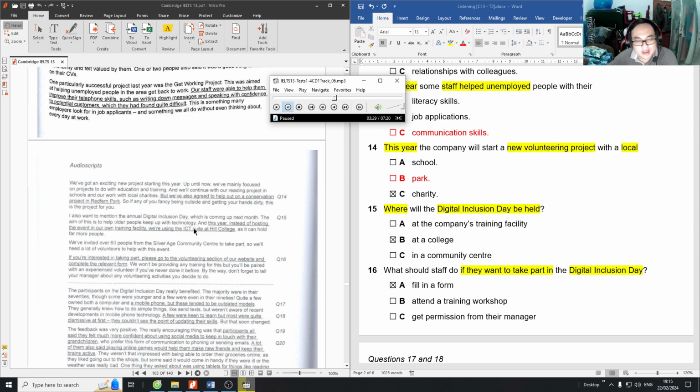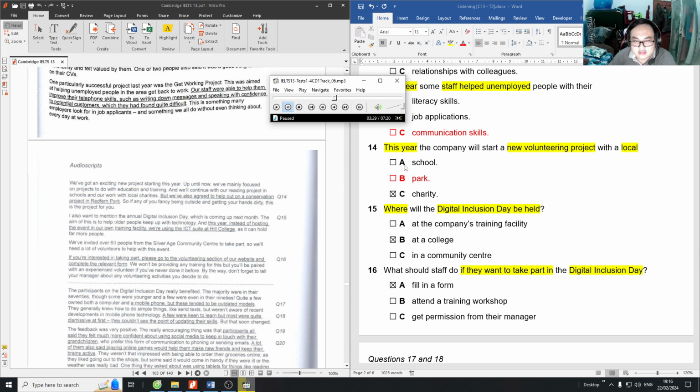This is difficult, man. This is really difficult because how can we know that this is a new project? The question asked us, this year the company will start a new volunteering project with a logo something. It's hard, man.